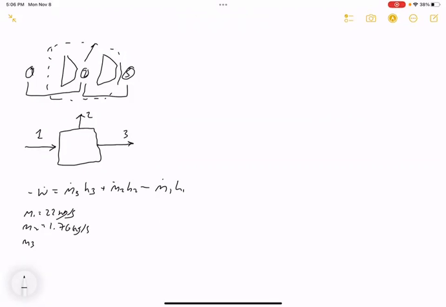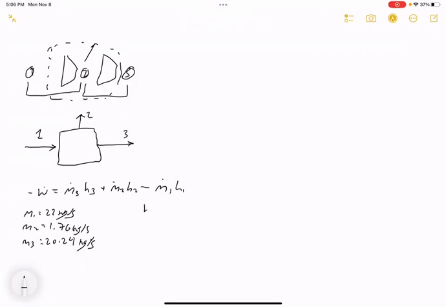You can either do 22 times 0.92, or 22 minus 1.76. Either way, you'll get 20.24 kilograms per second. Now, you always want to make sure, in this case anyways, that m2 plus m3 is equal to m1. All the mass has to be accounted for. In this case, it is, and that's good. If it wasn't, we'd know we made a mistake somewhere. So we have all our mass flow rates.